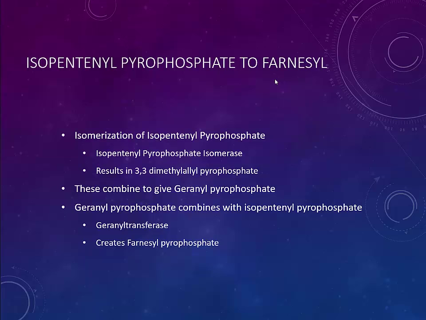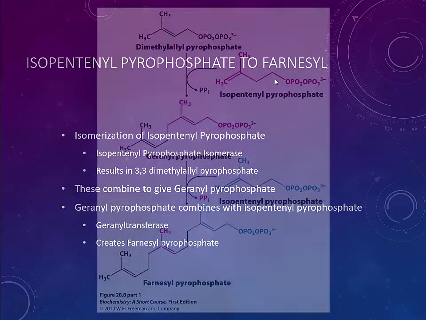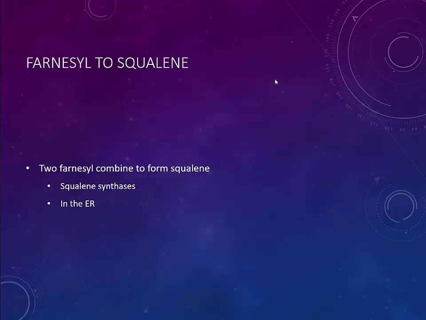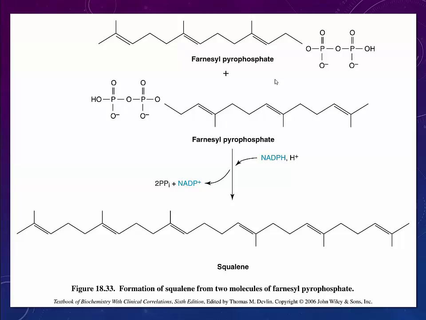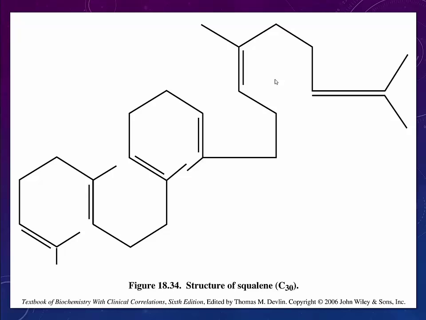Geranyl pyrophosphate combines with another isopentenyl pyrophosphate, so we've spent 3, using the enzyme geranyl transferase to create farnesyl pyrophosphate. Two farnesyl, using squalene synthase, and this is showing the same thing. Farnesyl pyrophosphate plus farnesyl pyrophosphate lose both pyrophosphates, do a little bit of reduction, squalene synthase, you get squalene. Okay, so there's squalene, 30 carbons.